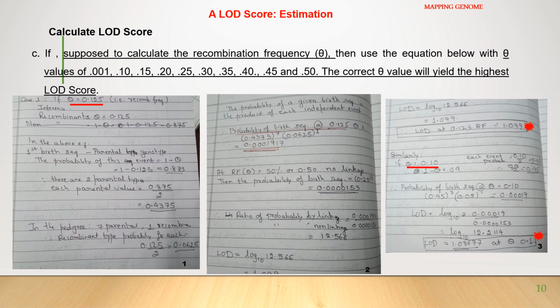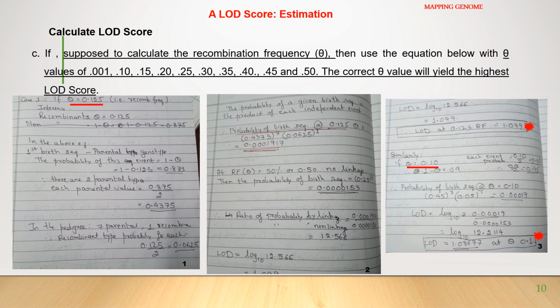If there is no recombination, we take the value of theta as 0.5, because 50% we consider as no linkage. Then the probability of the birth sequence is 0.25 to the power of 8. That is, all the 8 individuals are parental types. There is no recombination.